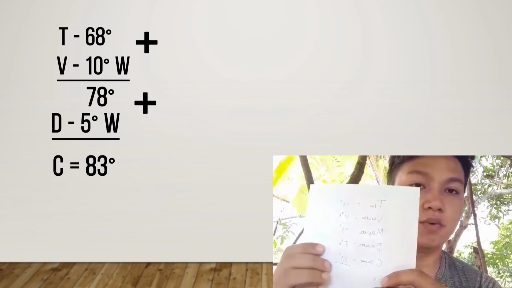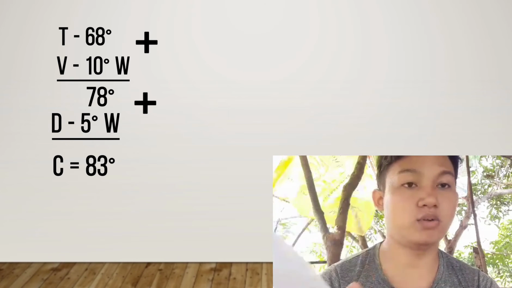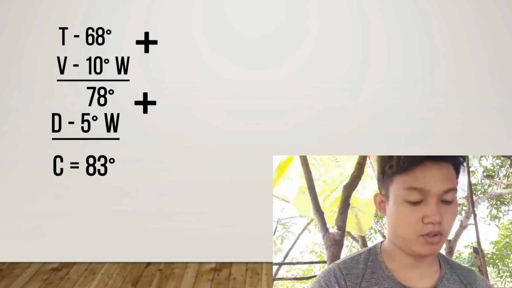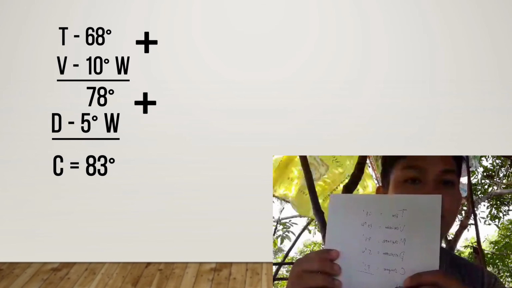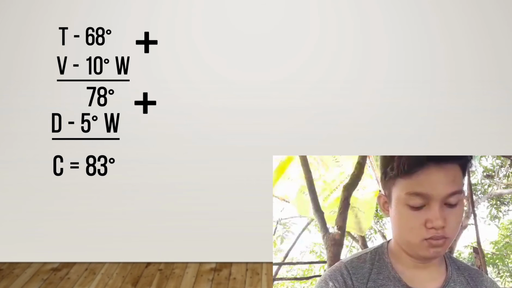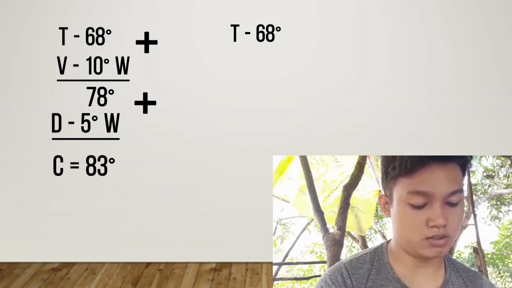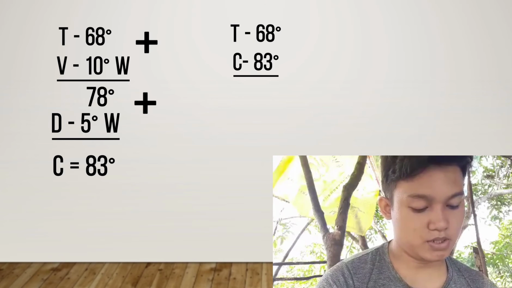So right now we get the compass, and if you want to get the compass error, we just need to get the true north and the compass. True is 68 degrees, compass is 83 degrees.